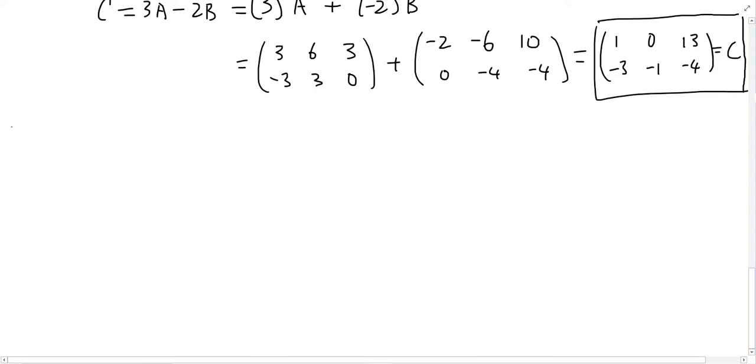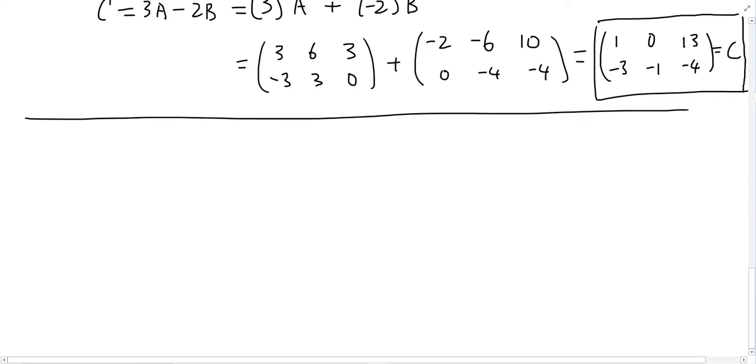Now, one key difference between matrices and vectors is that we don't have a true multiplication between two vectors. I mean, we do have dot products, but dot product allows us to form a scalar, not a vector.